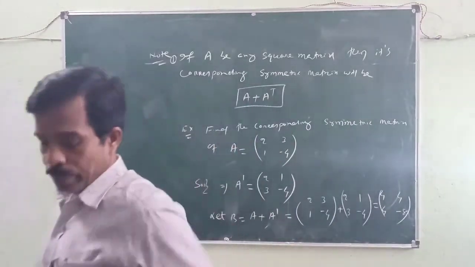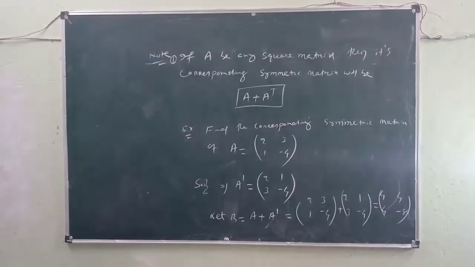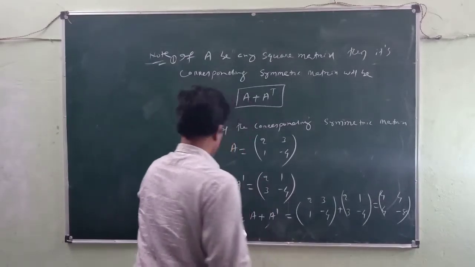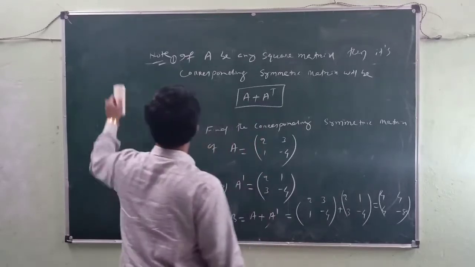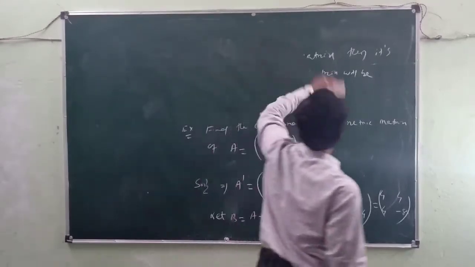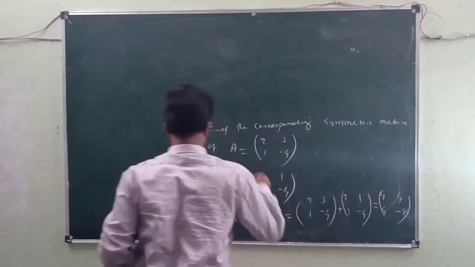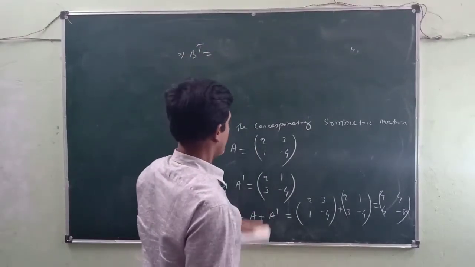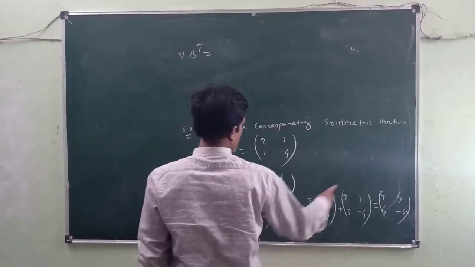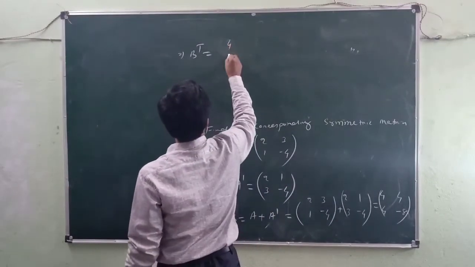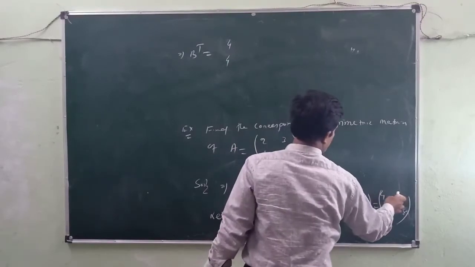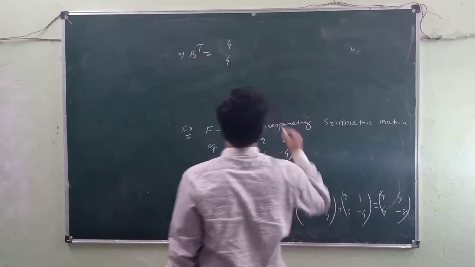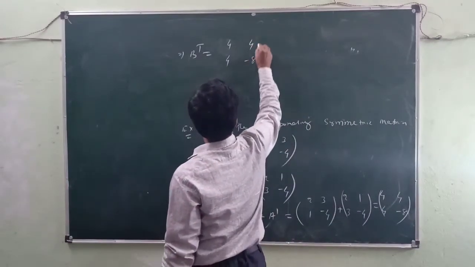Now look whether B is a symmetric matrix or not. Since B equals this, B transpose will be 4, 4 in the first row, so column wise 4, 4, then in the second row it is 4, minus 8, so write 4, minus 8 in the second column.